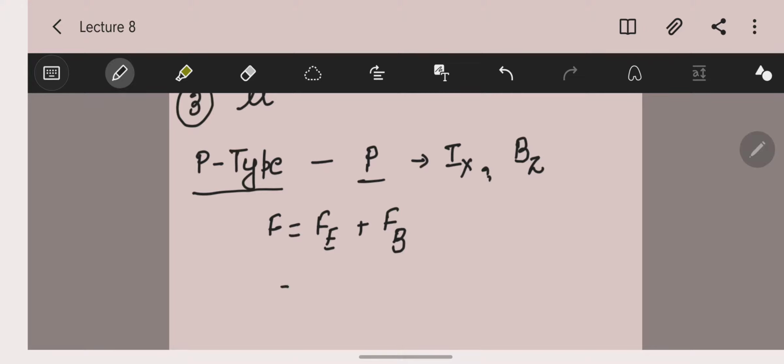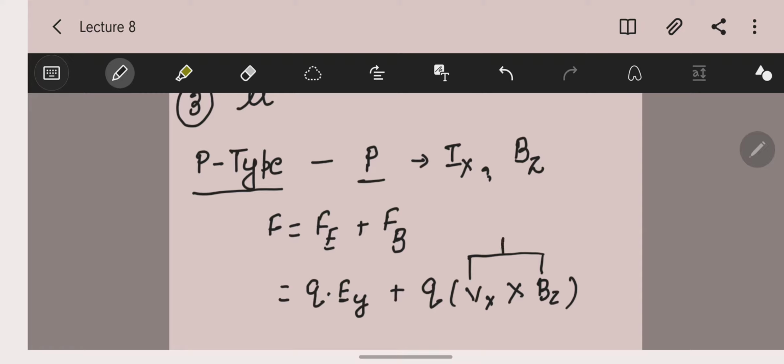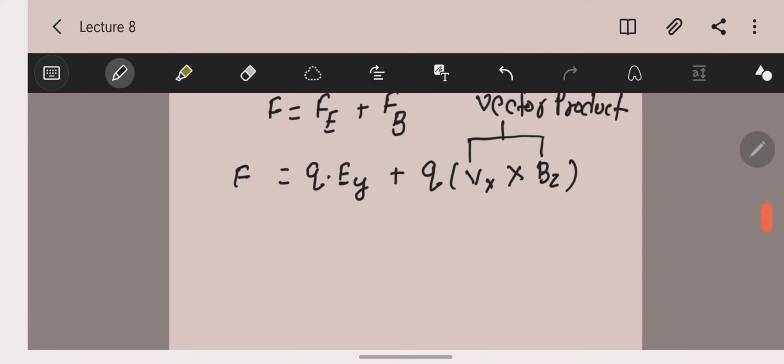The force due to the electric field is given by Q into Ey, since the electric field is set up in the y direction, plus Q into Vx cross Bz, where the velocity of the hole is in the x direction. Cross represents the vector product of V and B. This is the net force acting on a single hole.